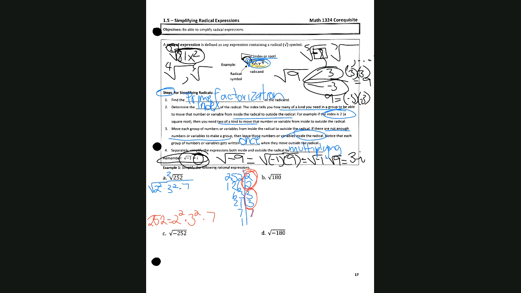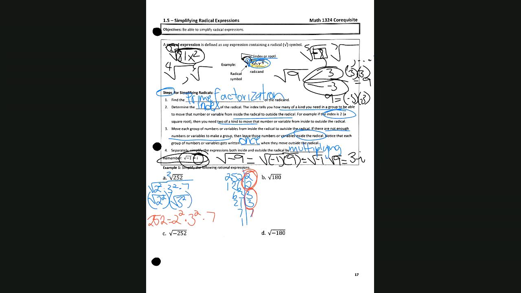So that expression is the same. The square root of a product is the same as the product of square roots. And so let me write it here. So we will have the square root of 2 squared times the square root of 3 squared.